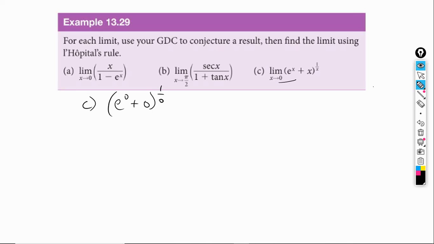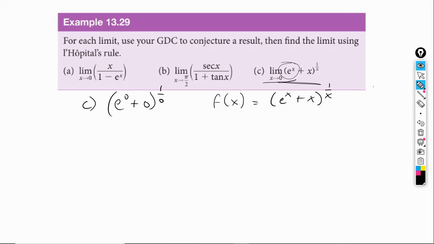But we don't have to give up, because if you have Euler's number, then we can do a trick using natural logarithms. So notice that we could rewrite this expression as f of x is equal to e to the x plus x, to the power of 1 over x.